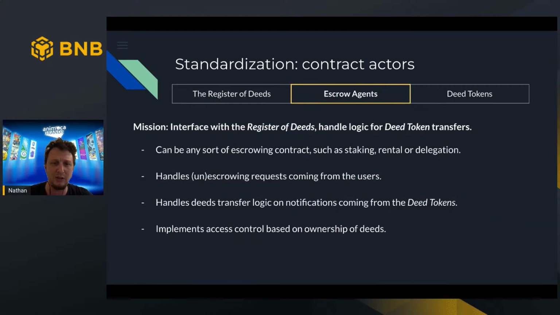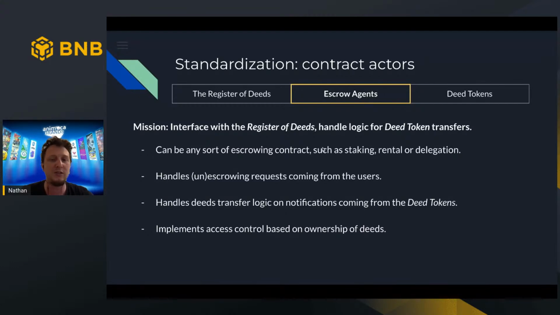Then let's look at the escrow agents. Their mission, think of it, let's take the example of a rental contract. The rental contract itself would be the escrow agent. Its mission will be to interface with the register of deeds and to handle the logic for deed token transfers.